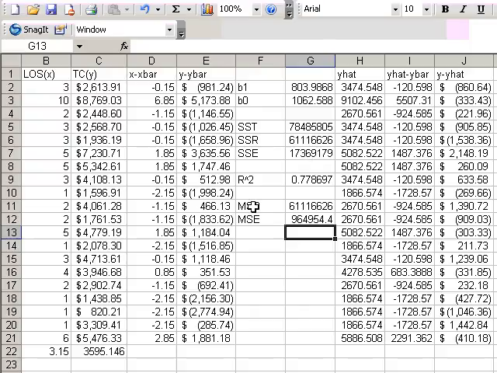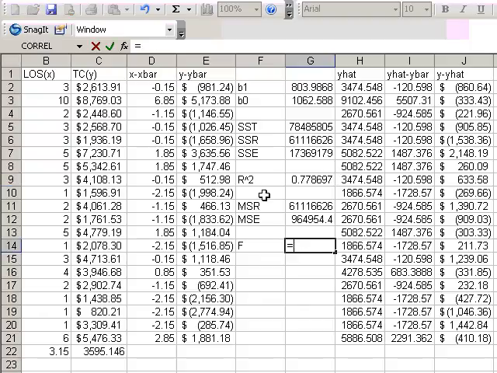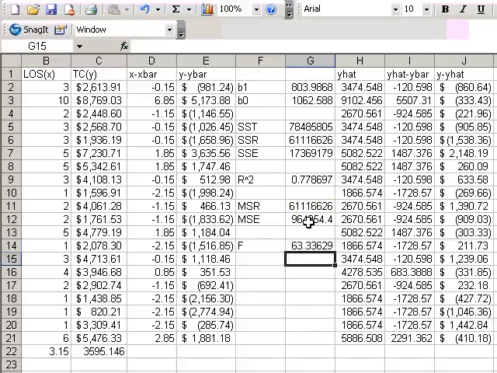Now the f-test of whether we are accounting for a significant proportion of the variance in the R square is equal to the mean square due to regression divided by the mean square error, and the f value is 63.33.